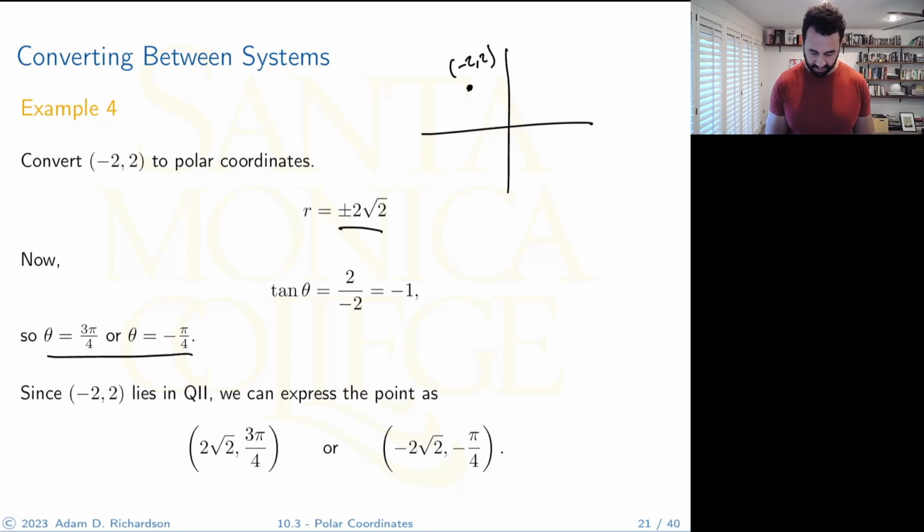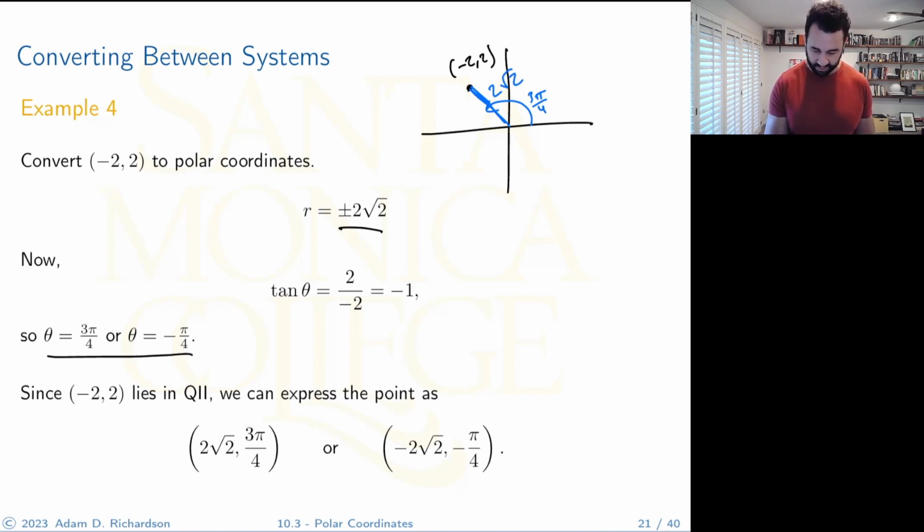This first one is me picking the positive radius and the angle 3 pi over 4. So what that looks like on my picture is I'm going to go this way 3 pi over 4, and then I'm going to go out +2. Oh, I'm sorry, +2 root 2. And that's that description right there.